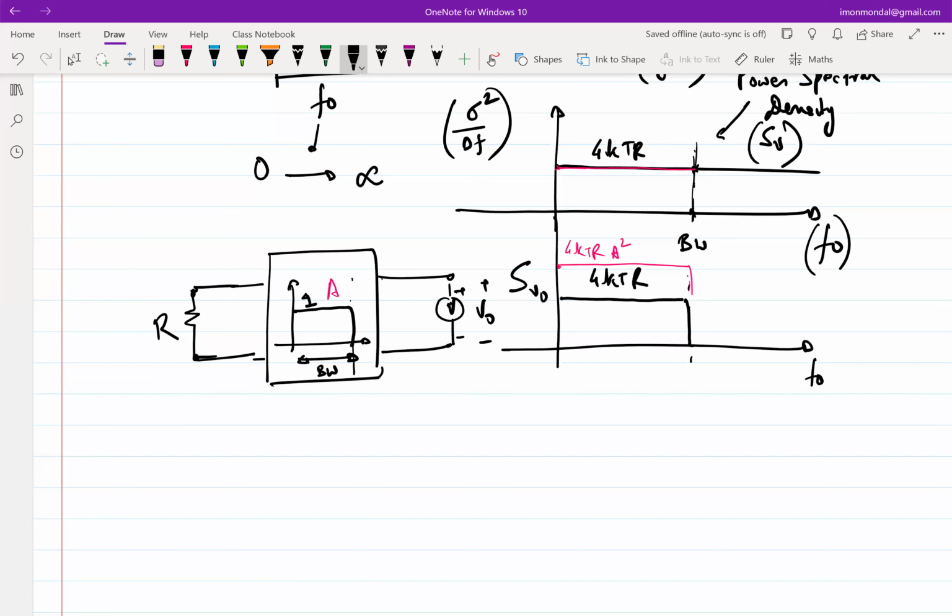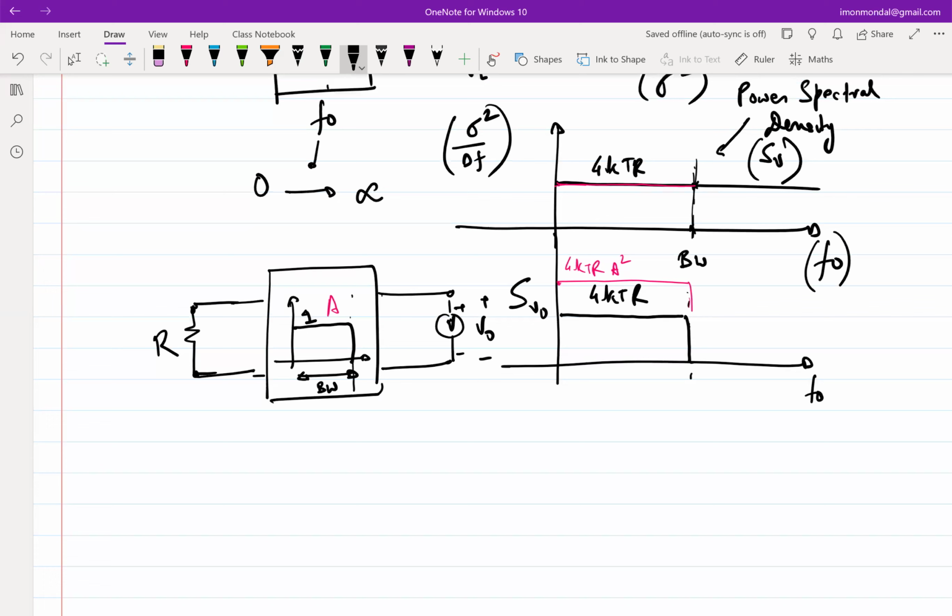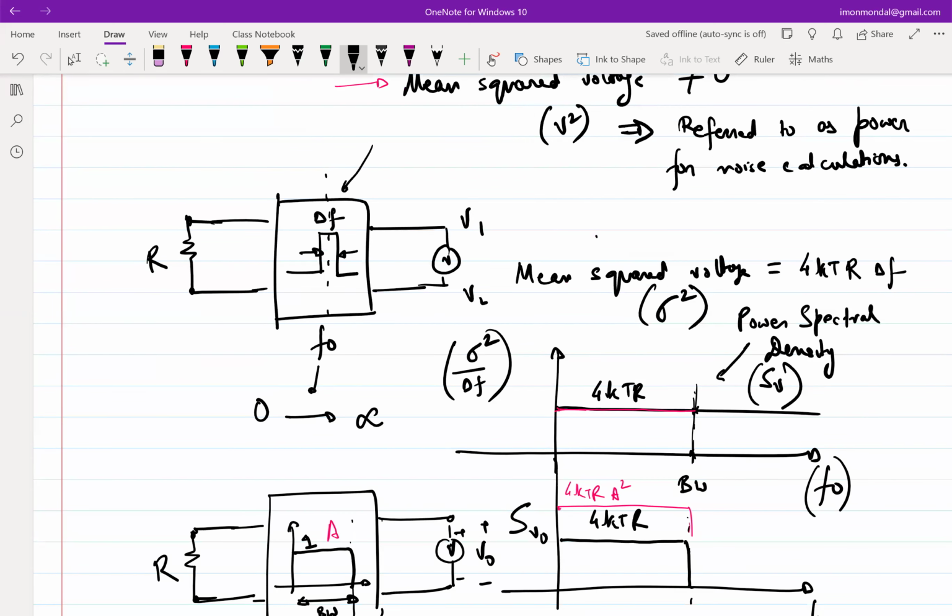In the truest sense, the power spectral density is the differential of the power with respect to frequency. But if I simplify it, instead of taking delta F to be any arbitrary delta F, if I take delta F to be 1 Hz and I observe the power that comes out of the band pass filter, that power number effectively is a power spectral density, right?